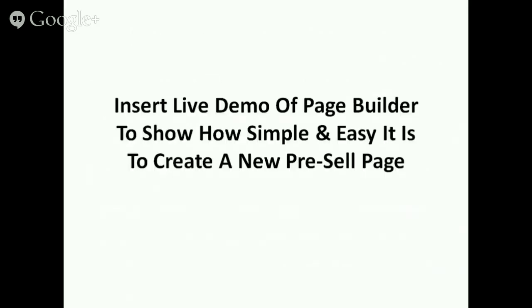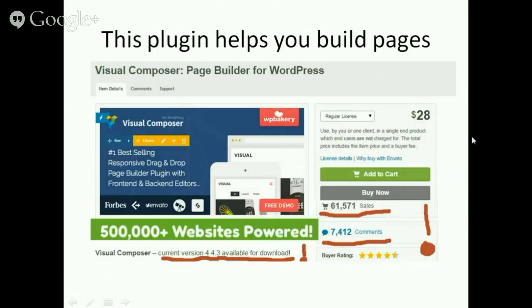So now what I'm going to do is go to a different slide and show you a live demo of how to build these pages using the plugins that I showed you. So we'll do this. One moment. And we'll go back to screen share.